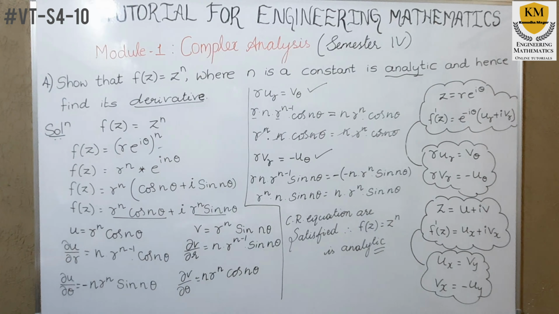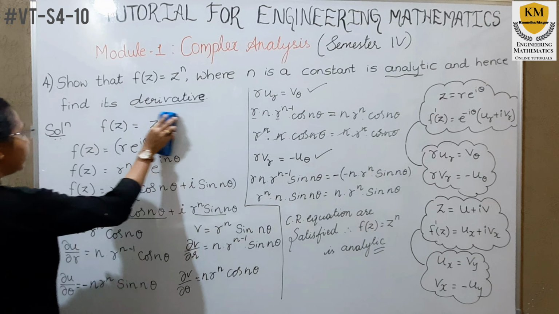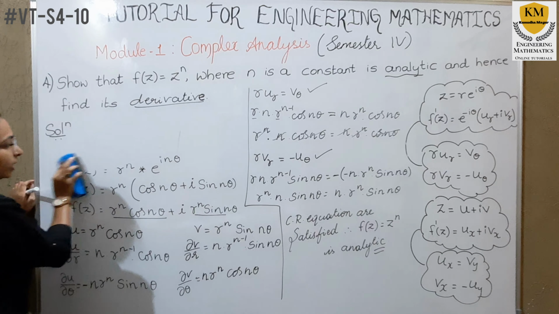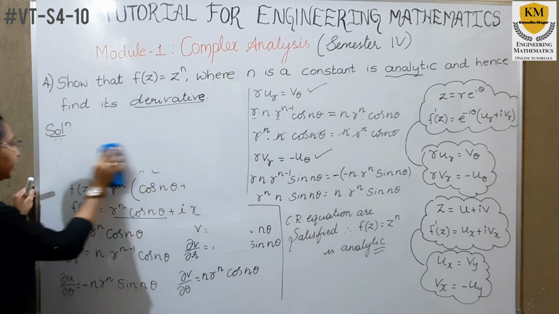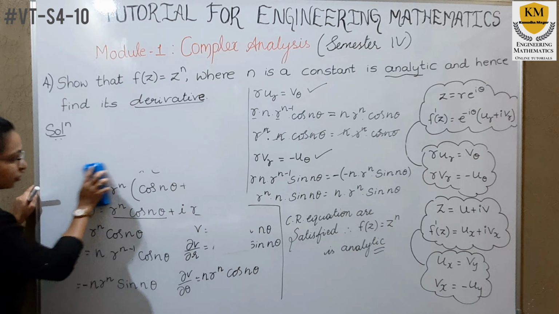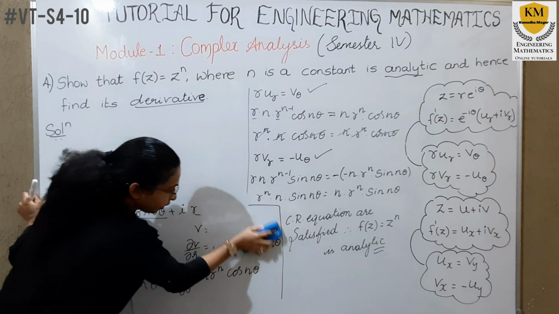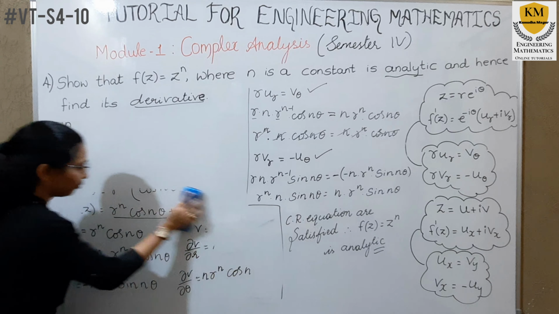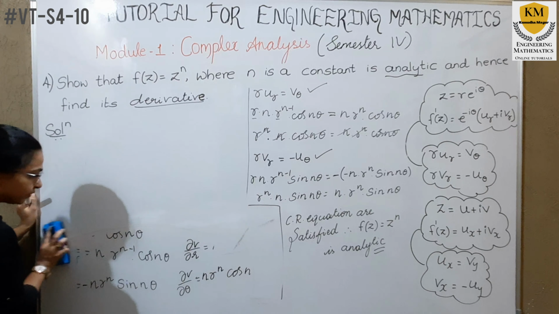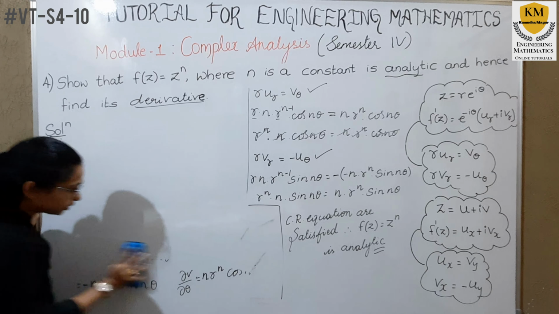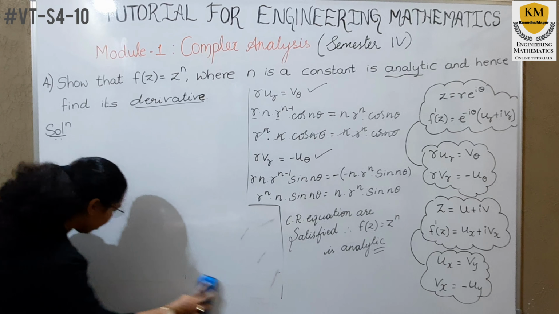So let me find out the further part. The further part is nothing but we have to also find its derivative. Isn't it? The derivative is nothing but f dash of z. So if we have considered it in polar form, for f dash of z I have already written at the corner the things to remember. You can check what I have written.